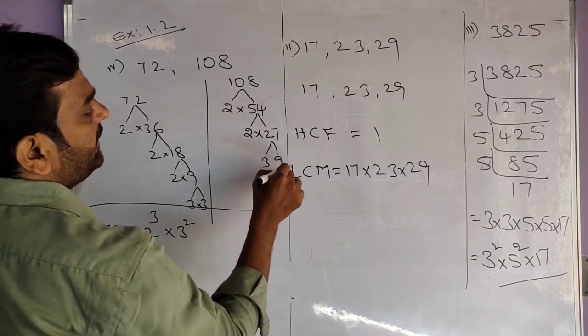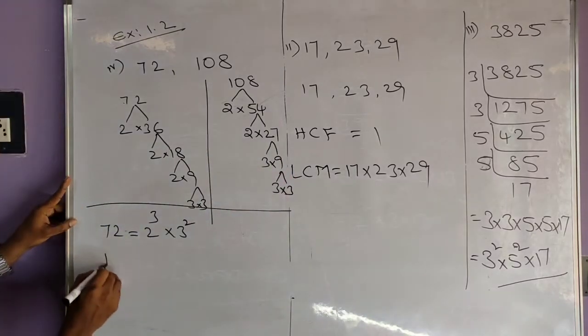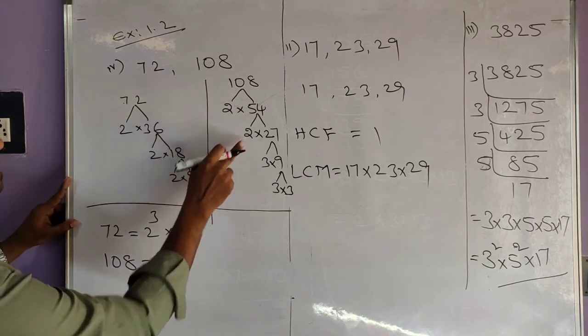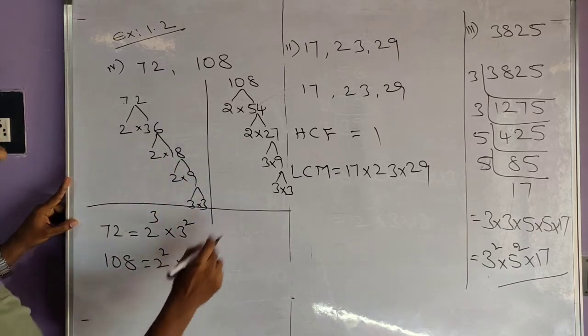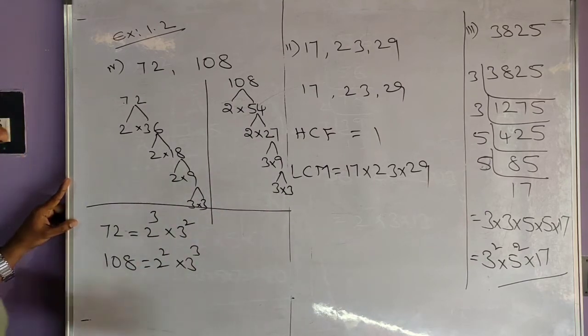Now 3 9s are and 3 3s are. So 108 can be written as, how many 2s are there? 2 square, and how many 3s? 3 3s, 3 cube. 2 square and 3 cube.